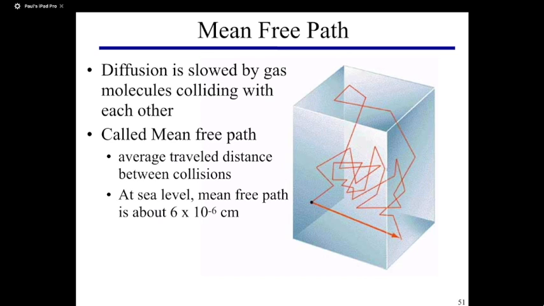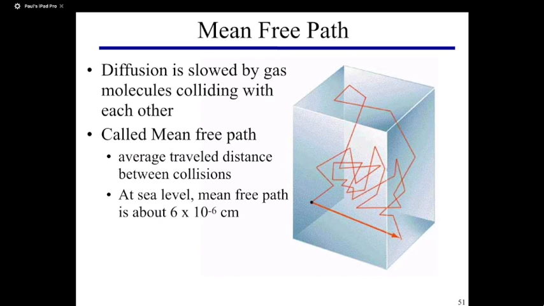This is called the mean free path. How far does it travel before it hits something and gets deflected? Hopefully, your mean free path in a car is farther than 6 times 10 to the minus 6 centimeters. And so it bounces around like a pinball through all of this atmosphere to actually get to you.